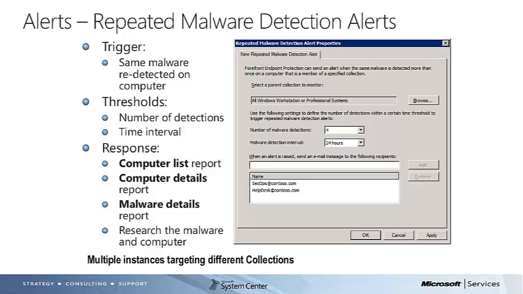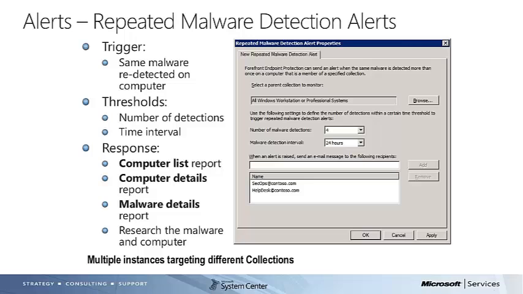So in this situation, if a system is continually being reinfected with the same malware, you would want to dig a little bit deeper to figure out what else is on the system or what potential attack vectors are possibly open on the system that's allowing the reinfection to occur.